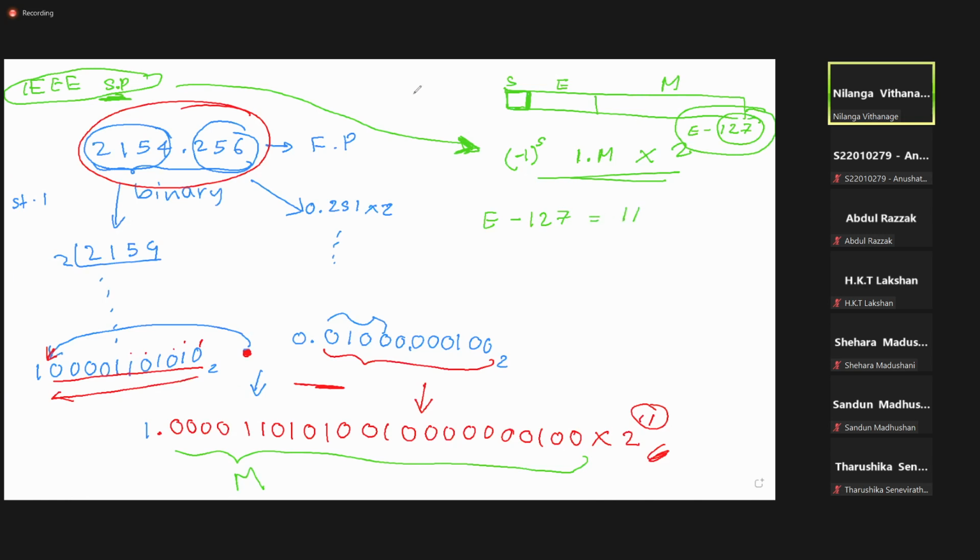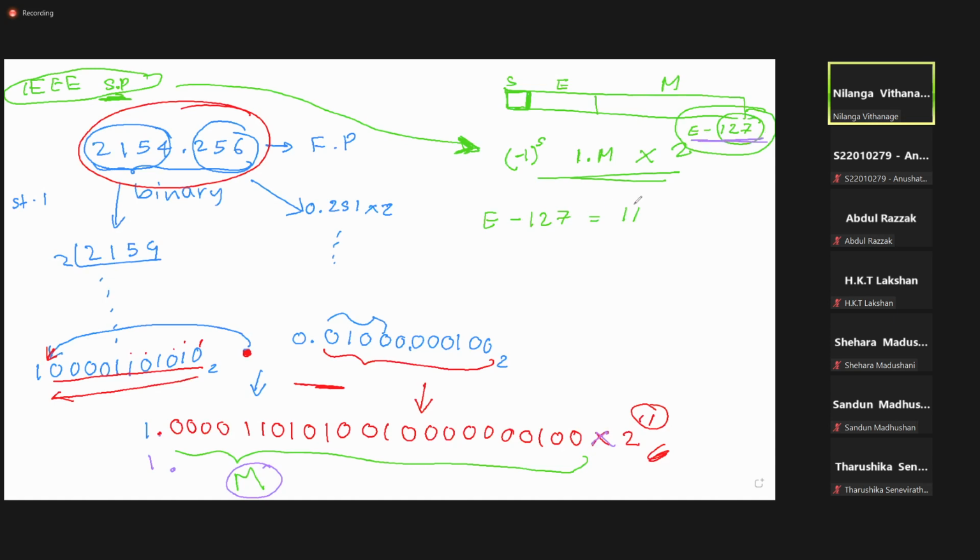Can you see this one? It looks like this number now. The sign bit you cannot see here, but 1 point there is a number, multiplied by 2 to the power of some number. So this 2 to the power of this number is equal to E minus 127.